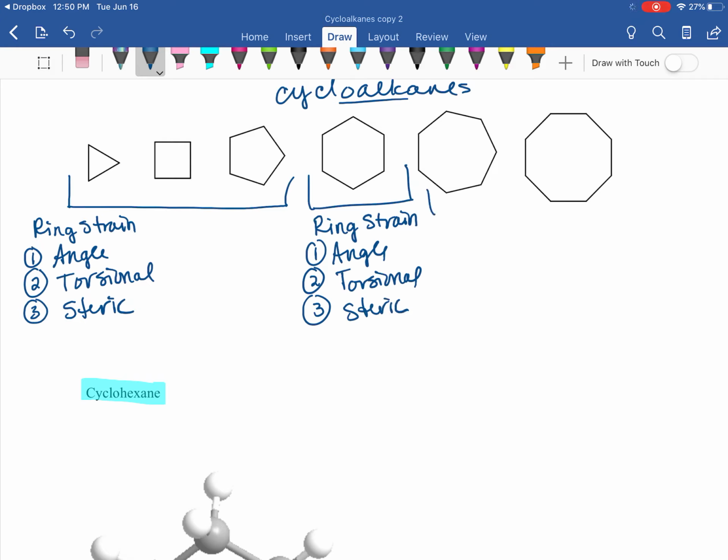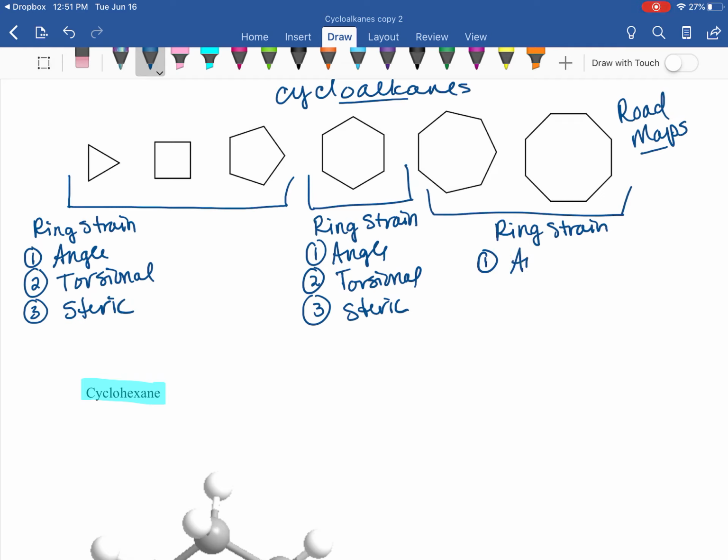And then after this, we're going to comment. We actually have bigger sizes after cyclohexane. We actually get beyond cyclohexane, and we're going to add another strain to that. And we're actually going to stop really with cyclohexane. We're going to see these bigger ones in our road maps, but I'm not going to ask you to draw them as much.